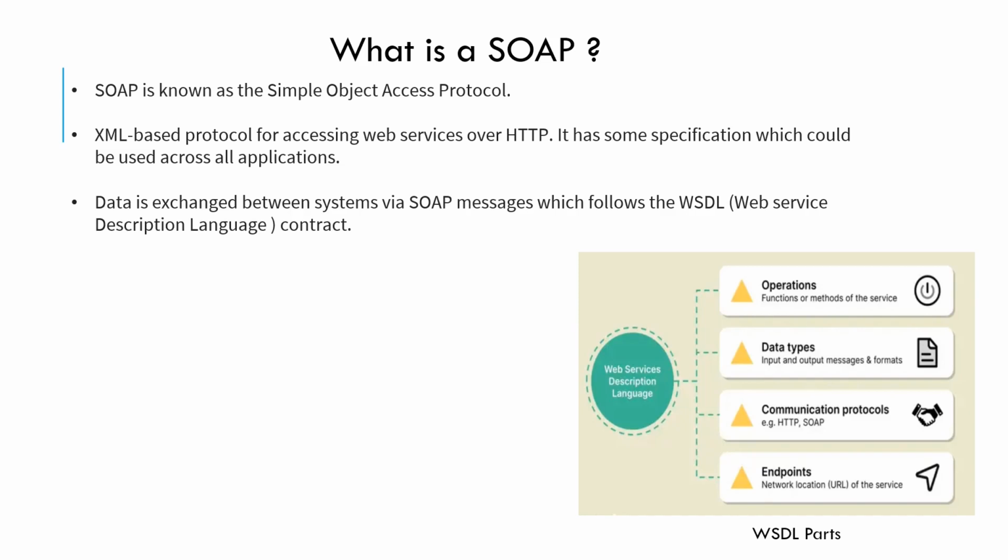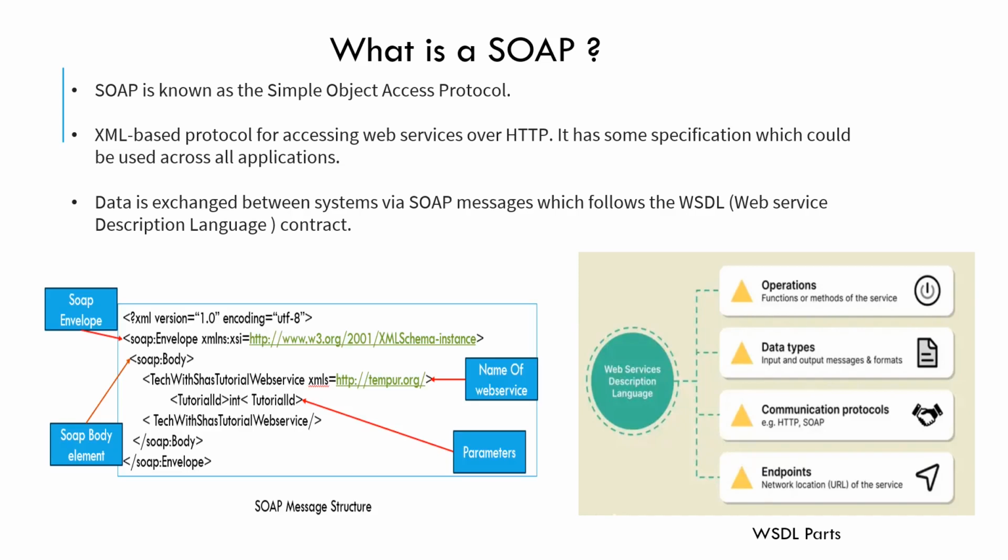Now whatever exchange of data is happening between the web service and the client is happening through the SOAP envelope or SOAP message, right? In the SOAP message, there are multiple parts. For example, it has the SOAP envelope. Then we have the SOAP body element, which basically has the name of your web service.